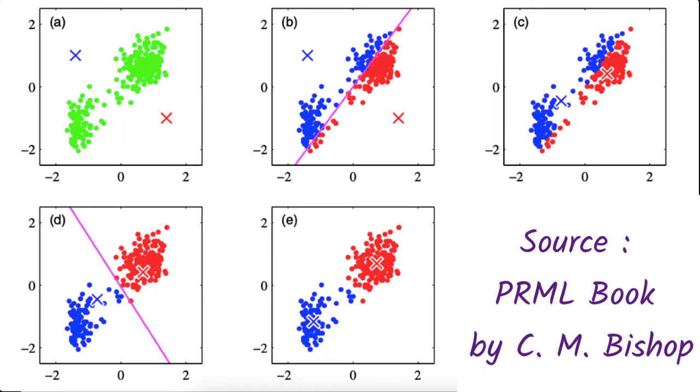And using the k-means clustering algorithm, which is guaranteed to converge, we were able to assign a cluster to each data point in a very elegant manner. So this works very well in many situations, but there are some situations where this does not work very well.